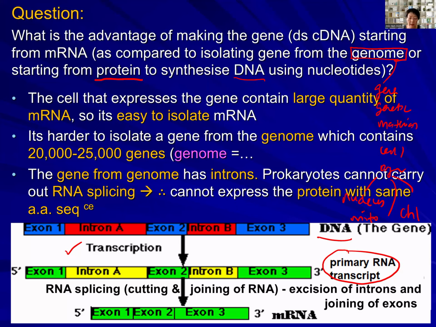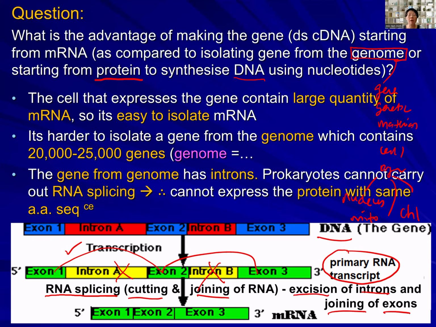In the process of processing, we will have to remove the intron and join the exons together. So this process is actually called RNA splicing, cutting and joining of the RNA. Because intron is the non-coding region of the gene, it doesn't code for the polypeptide chain. So we have to remove them in an additional step called RNA splicing. That is excision of introns and joining of exons.